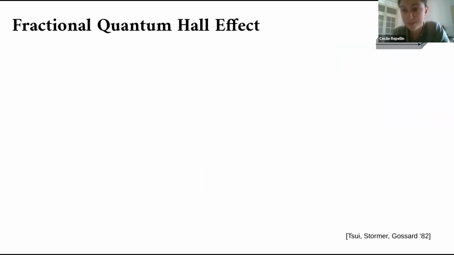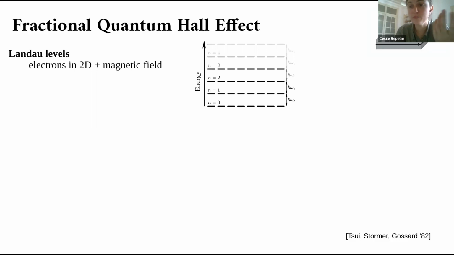So I will start with some physics about the fractional quantum Hall effect. The Hall effect in general is a phenomenon that occurs when you have a magnetic field and you can measure a non-zero Hall conductivity, so a non-zero conductivity in the direction transverse to the applied current. At the quantum level, it means that we are going to restrict ourselves to two-dimensional systems.